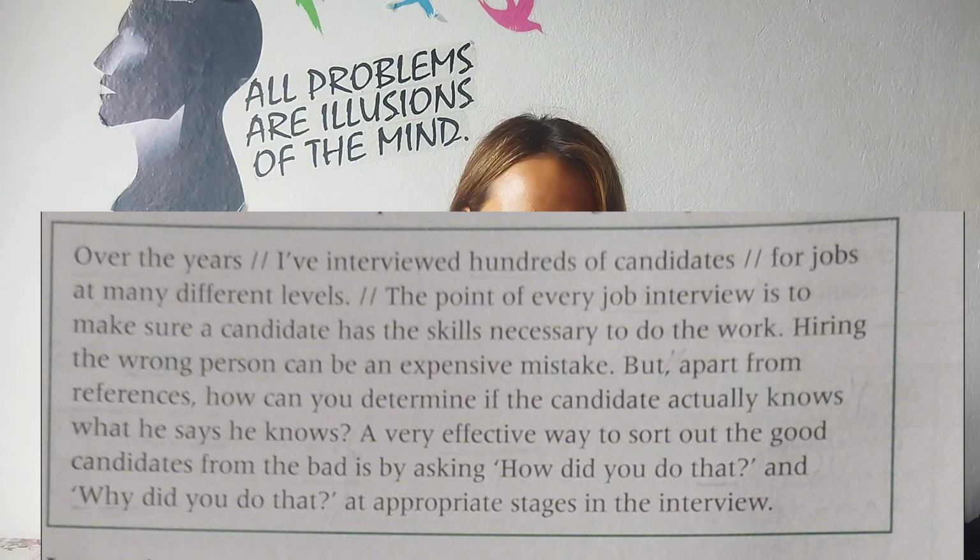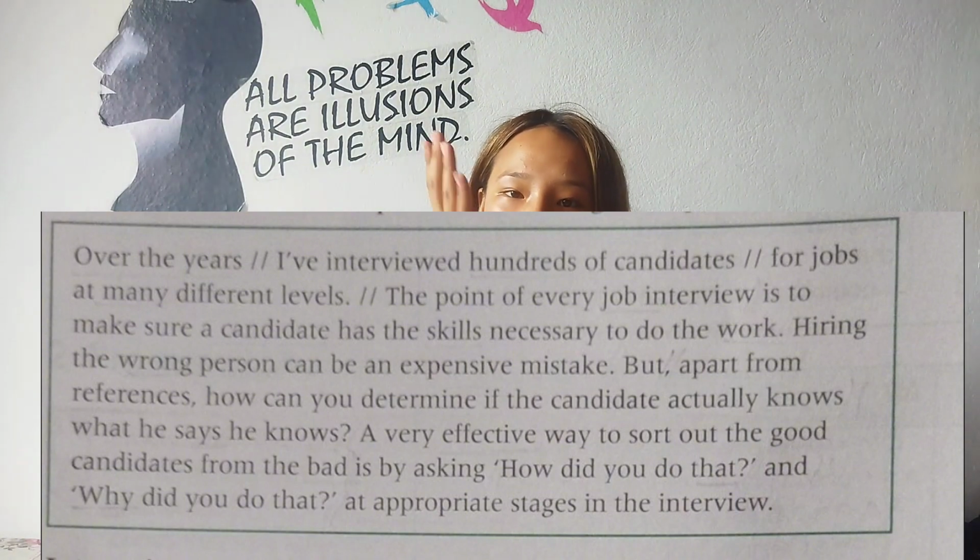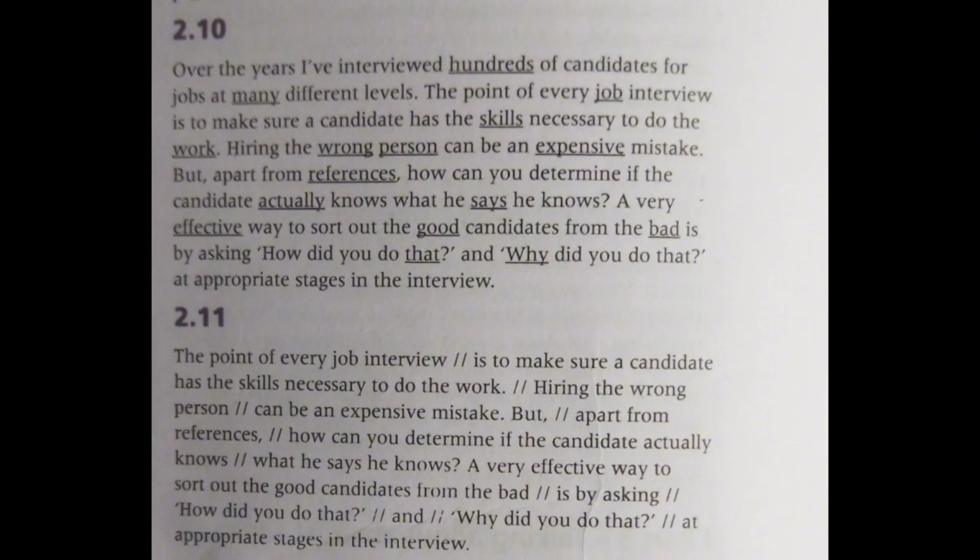Whenever the speaker pauses slightly, you're going to use these slashes right after the word where the speaker stops. In this paragraph, the speaker has used these slashes after years and levels, right? You're also going to do the same thing. Listen to the recording and do this, and come back. I'm going to give you the answer.